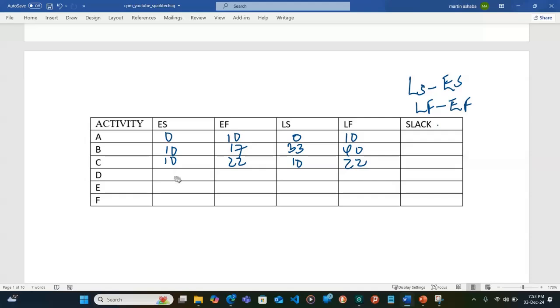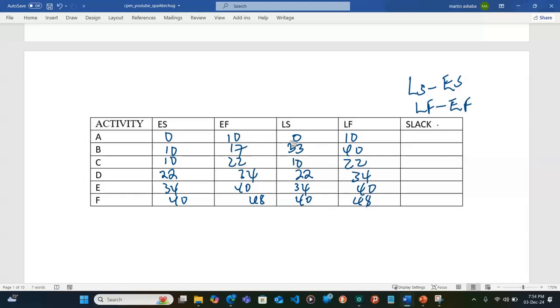And for activity D, this is 22, this is 34, this is 22, this is 34. And activity E, we have 34, then we have 40, we have 34, we have 40. Then activity F finally, we have 40 and 48, then 40 and 48.